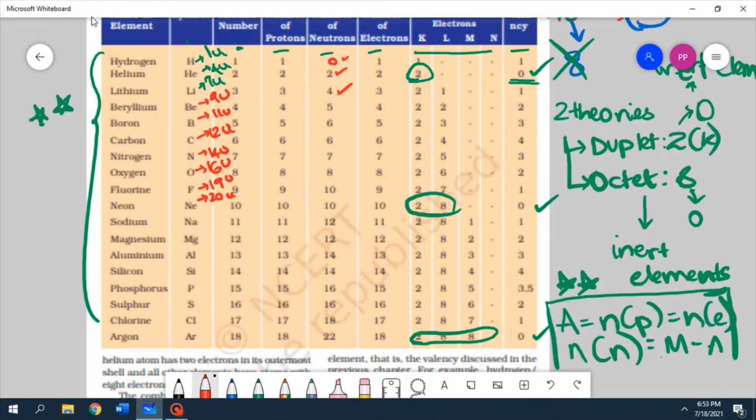So I need you to remember the mass numbers, the atomic numbers, and if possible, the protons, electrons, and neutrons, instead of sitting and calculating. This will save you an extra 5 seconds of time maybe that you can spend on another question, right? And then you will just distribute these into the K, L, M, and N shells based on the 3 rules that we learned previously in the lesson.